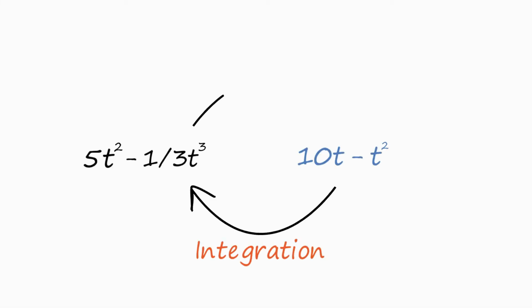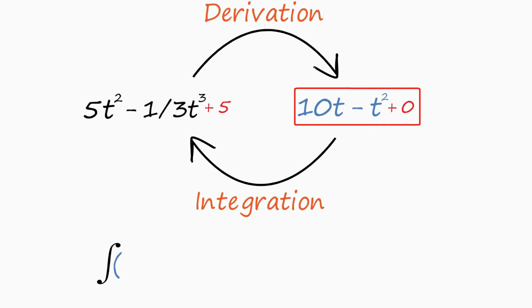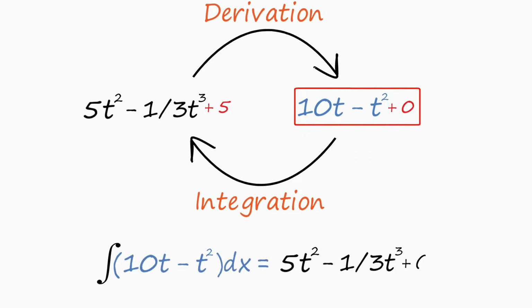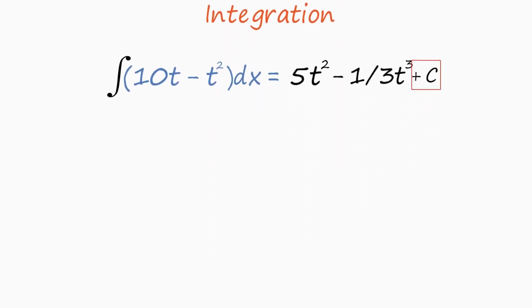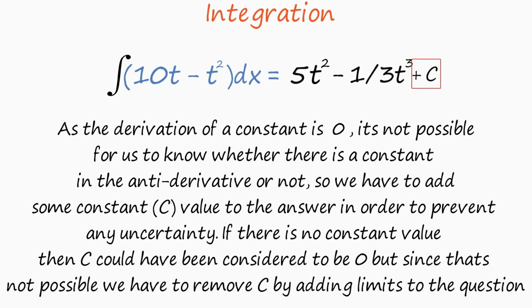Derivatives have a hard time dealing with constants, as the derivative of a constant is 0, and because of this you can add any constant value to the equation and the integration will not change. So that's why we have to add a variable value plus c to the antiderivative. This represents the extra value if there's any, but there is a way to overcome this problem.